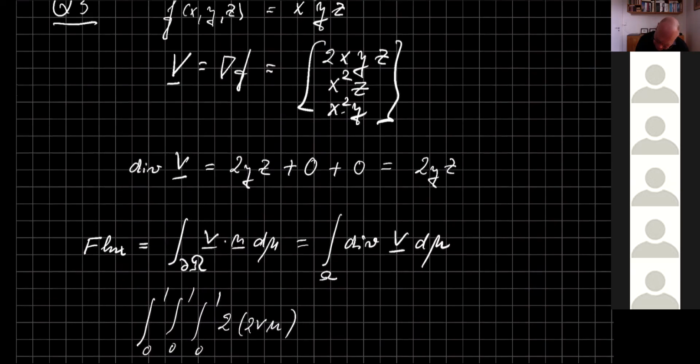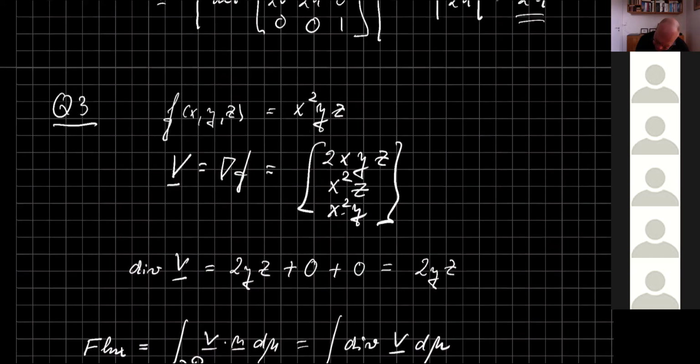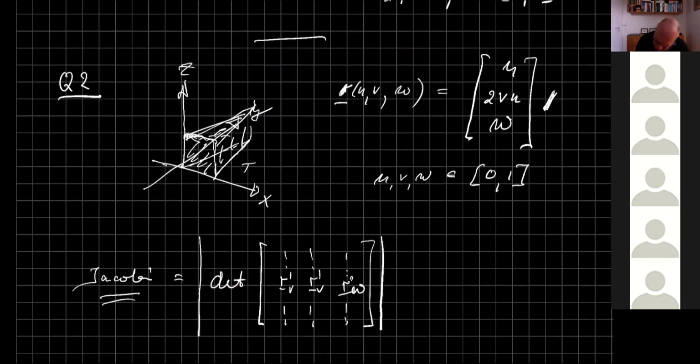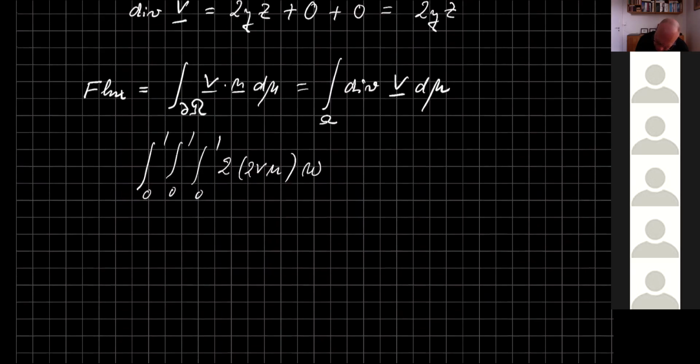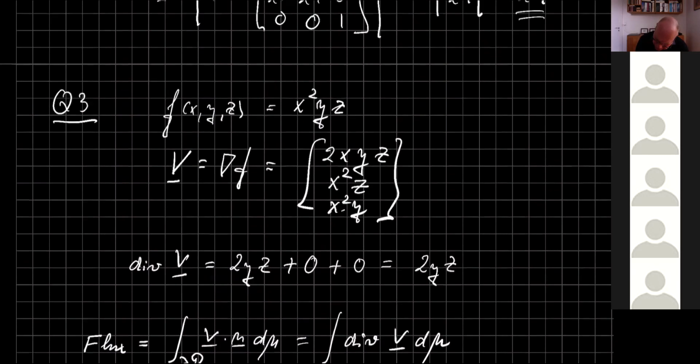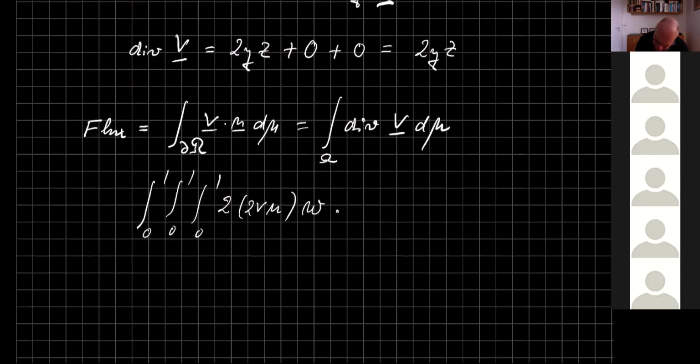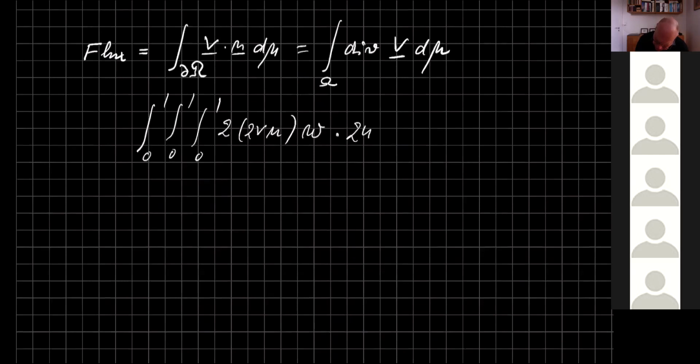And then this was y, and then I have to multiply by z. But z is just w. And then I have to multiply by the Jacobi function, and the Jacobi function was 2u. And I integrate this with respect to du, dv, and dw.